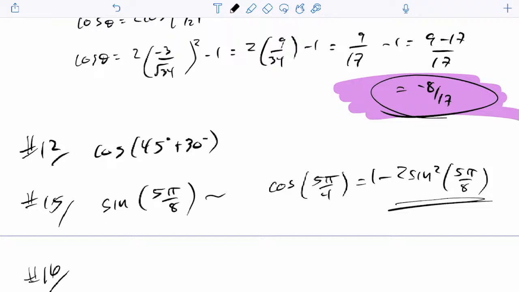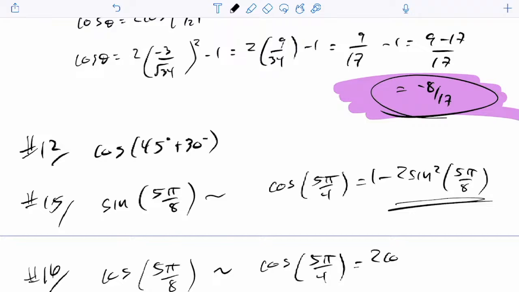And number 16 is the cos of 5 pi over 8, so the exact same idea. If you want the cos of 5 pi over 8, you know that the cos of 5 pi over 4 is equal to 2 cos squared of 5 pi over 8 minus 1.